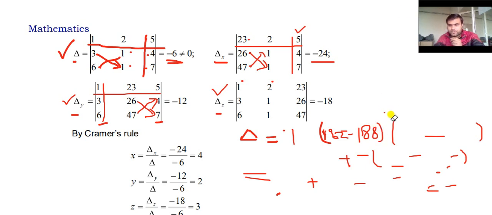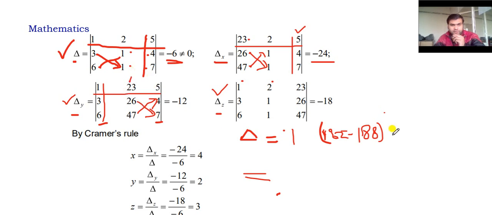Okay, so we have to erase all of these things. Then we take this 23, so we write minus 23 in bracket.